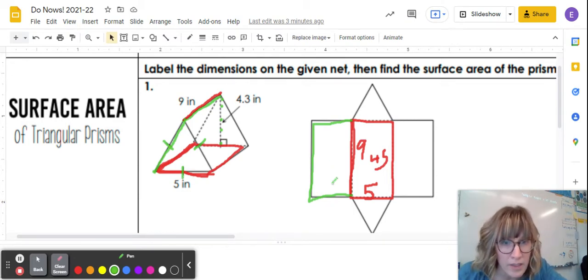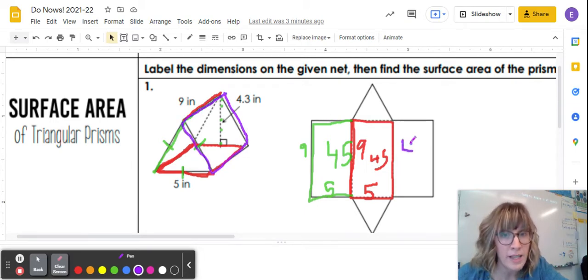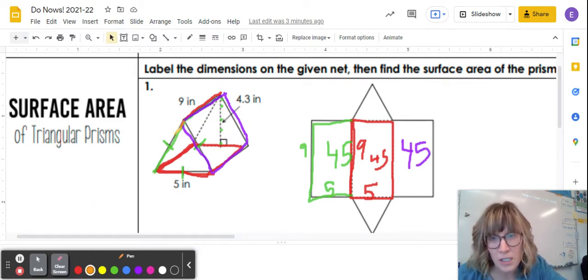So we know that this is also a 5 and this is also a 9. So this also has an area of 45. And simultaneously, this side here, the final face, if we call it purple, also has a 9 by 5, or area of 45.